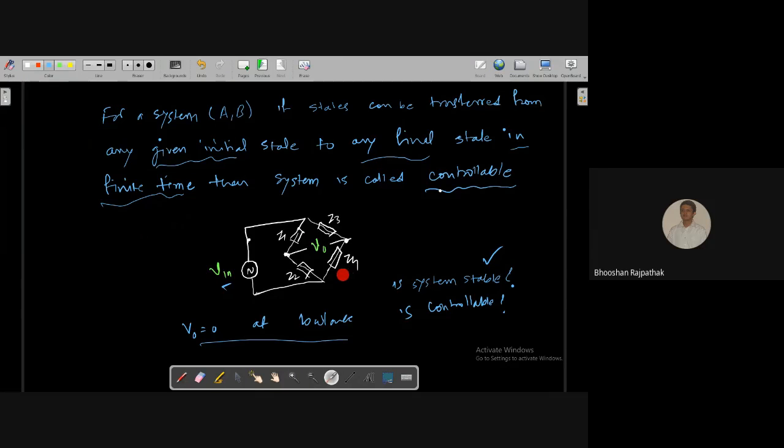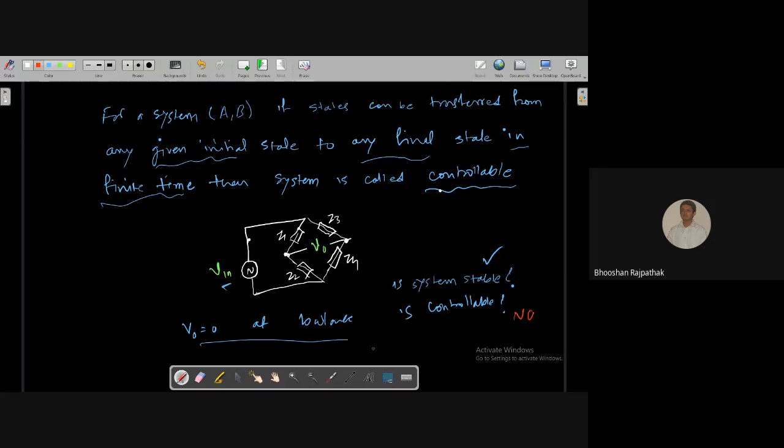So is this system controllable at balance? The answer is no. This looks strange. The answer is no. The system is not controllable.